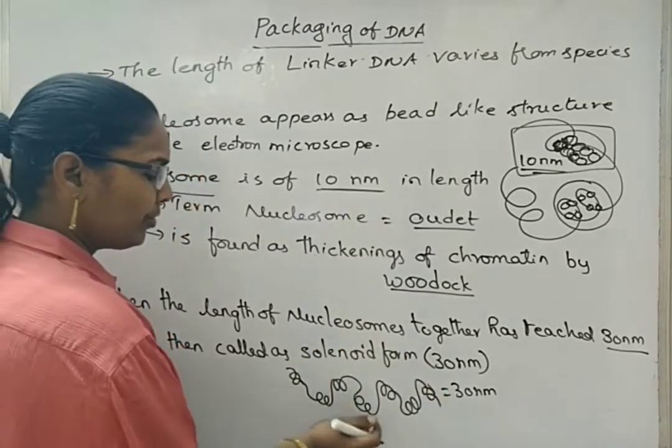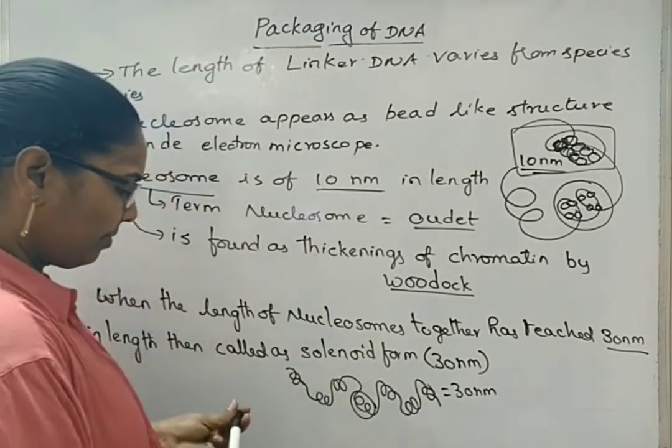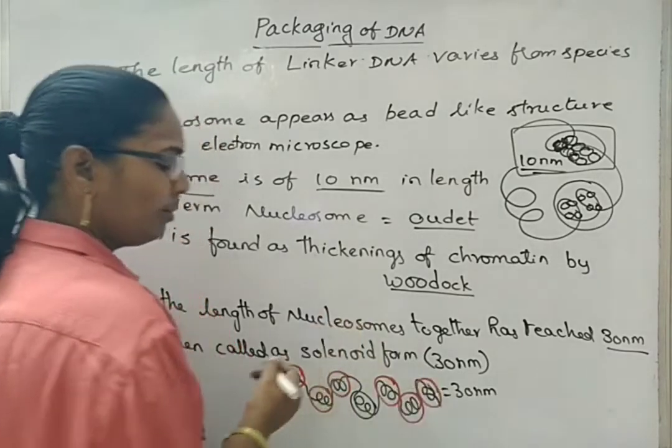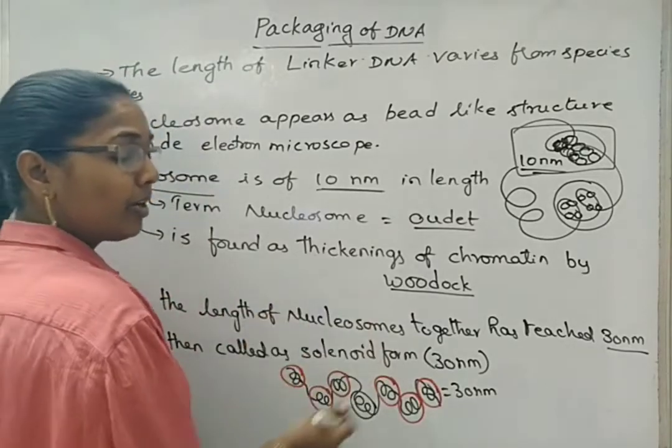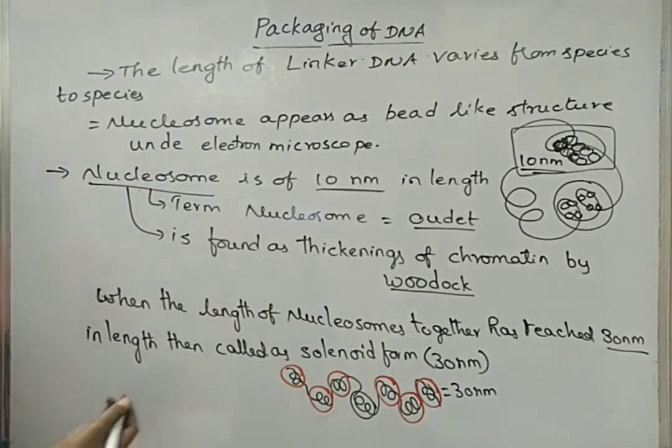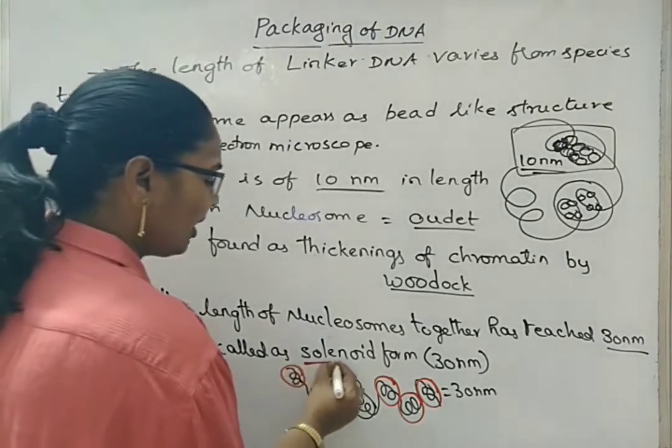Means there are many nucleosomes, 1, 2, 3, 4, 5, 6, 7, but again they are intercoiled around itself. Then obviously the length changes. Then it is called as solenoid form.